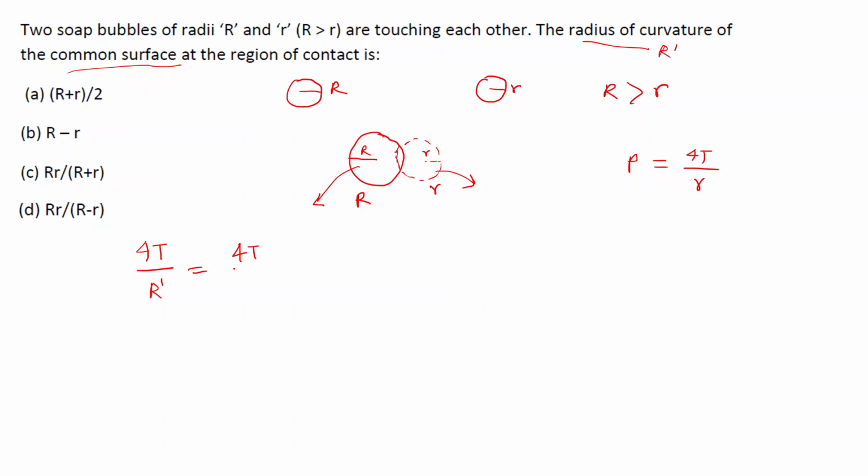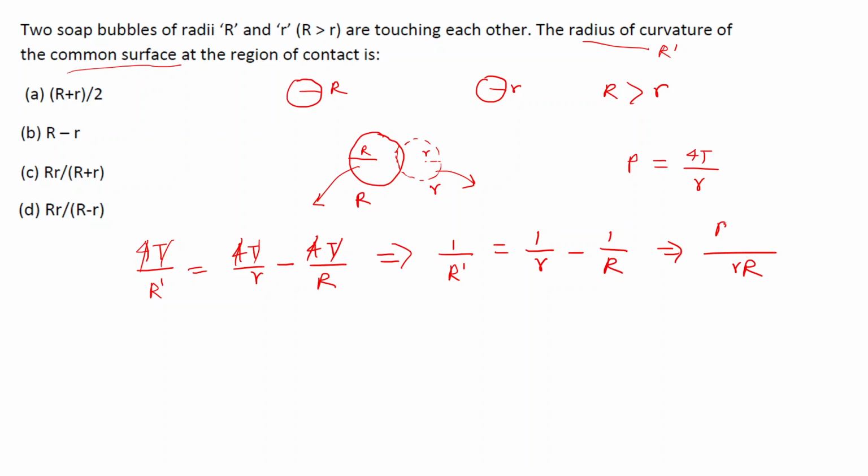So this minus this will give us the resultant excess pressure in the resultant shape. So 4 will get cancelled, T also will get cancelled. We will be left with 1 over R prime is equal to 1 over R minus 1 over capital R.